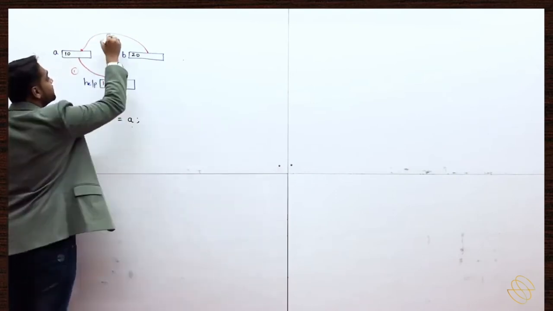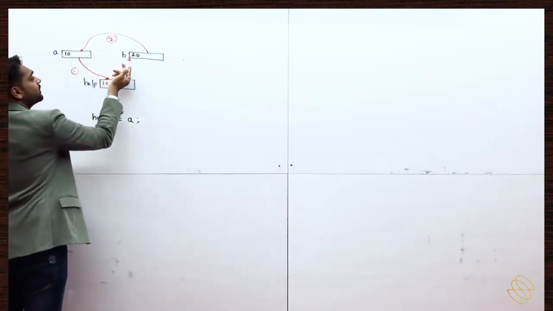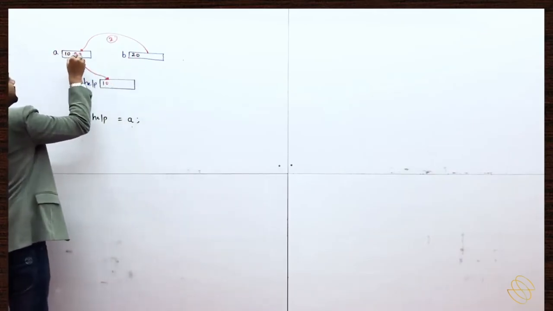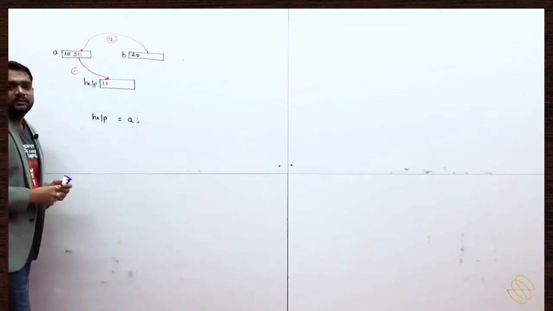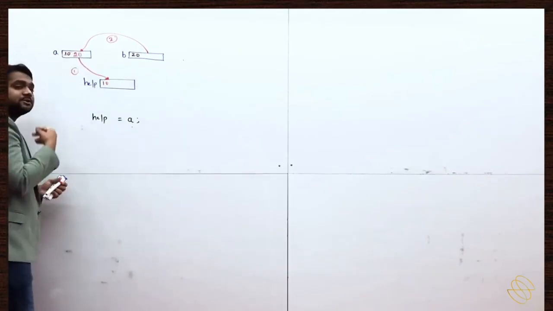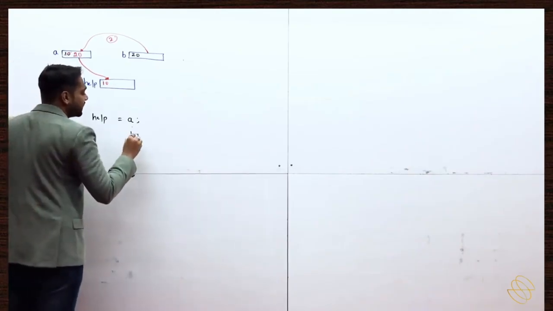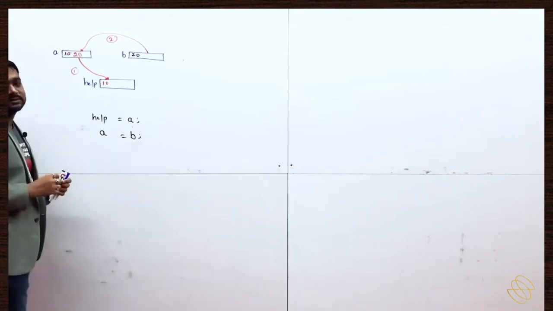That is the second thing that you have to do. What is there in the second memory location? 20. Take it and give it to the first memory location. Okay, 20 will come and sit here. The same thing programmatically, this is how I will write. Look at it. Whatever is there in the second memory location, take it and give it to the first memory location. Simple.